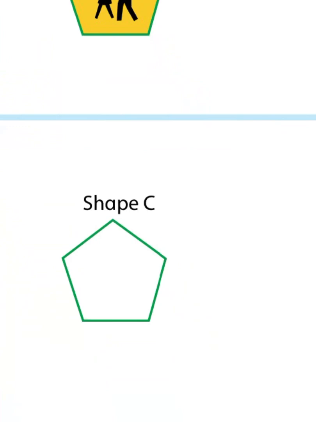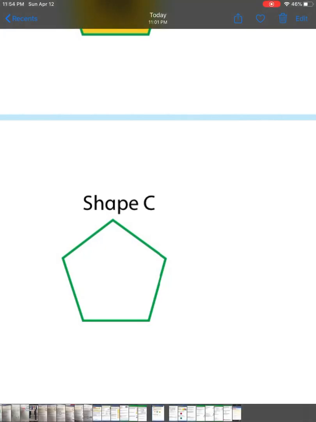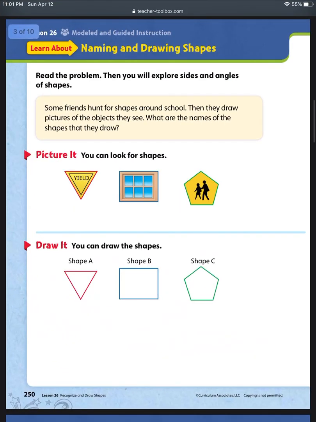Let's count how many sides there are. 1, 2, 3, 4, 5. Oh, I think I remember this from Monday's page. We talked about shapes with 5 sides and 5 angles. Do you guys remember what that was called? Let's count how many angles shape C has. 1, 2, 3, 4, 5. 5 angles and 5 sides.